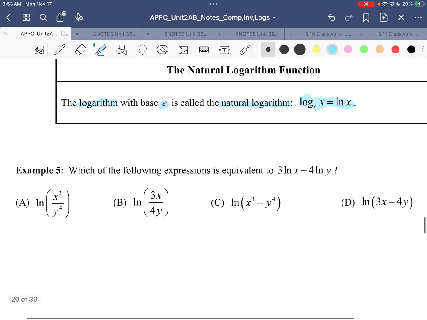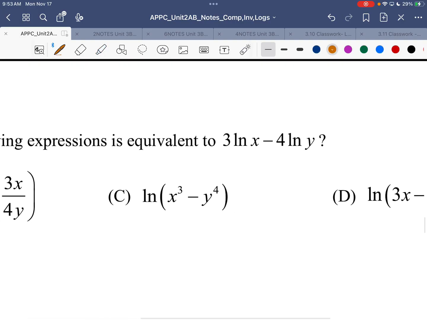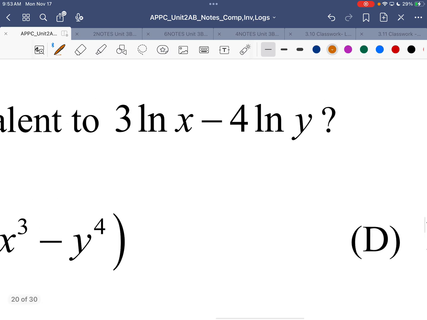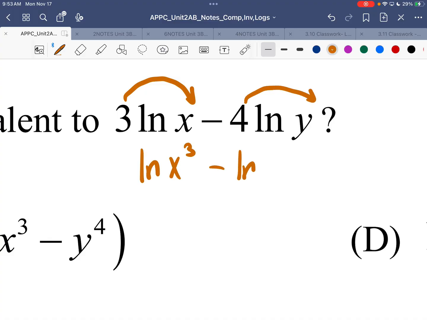But what do we need to do first in this problem? Are we going to divide those x and y? No, we cannot. Yeah, we're going to put the exponents up first. We have ln x cubed minus ln y to the 4th.